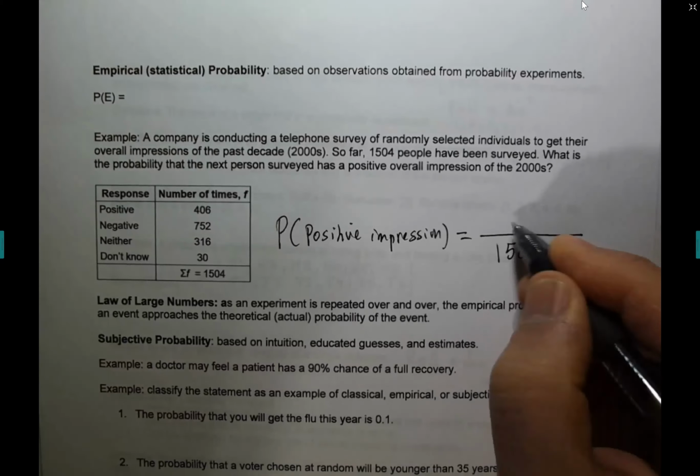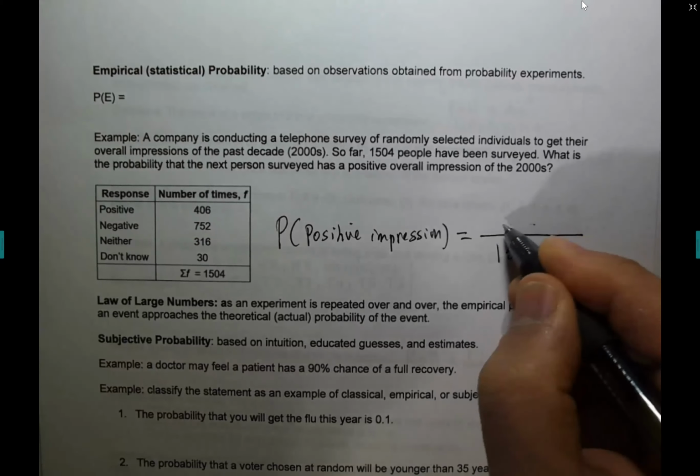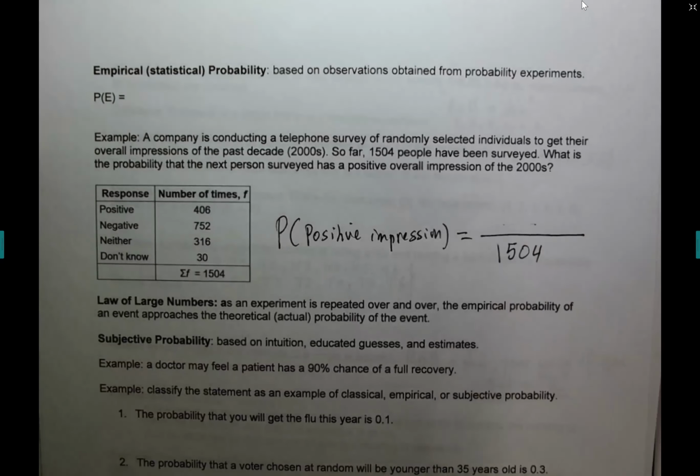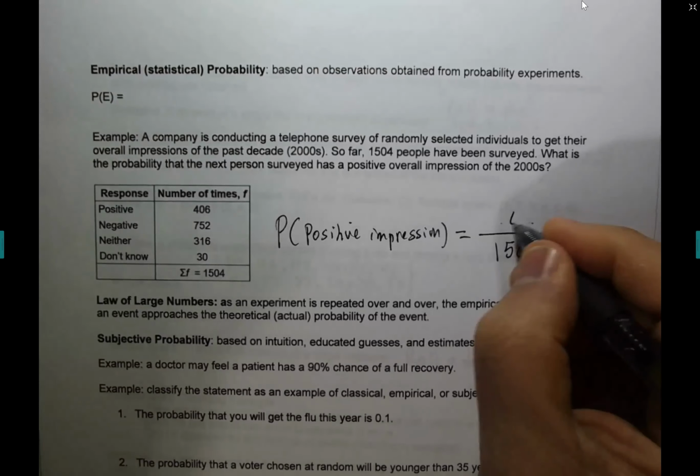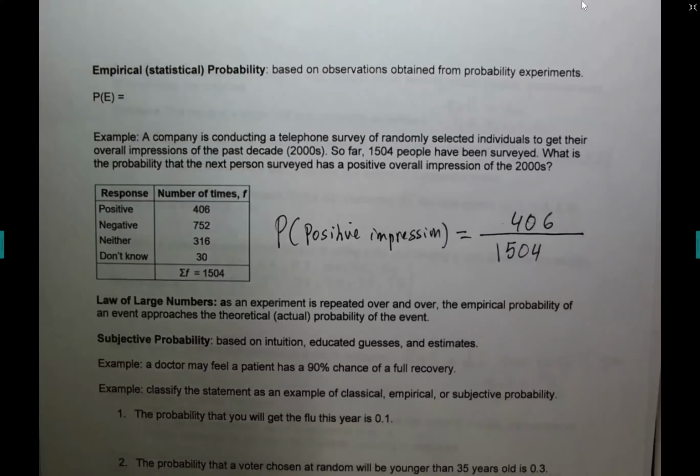The number in the numerator is the one that works in your favor, what we want it to do. You wanted the ones who have a positive impression. How many of those have a positive impression, guys, of the 2000s? 406, yeah. And that's your answer. It's 406 divided by 1504.